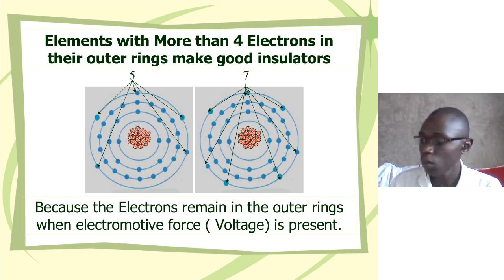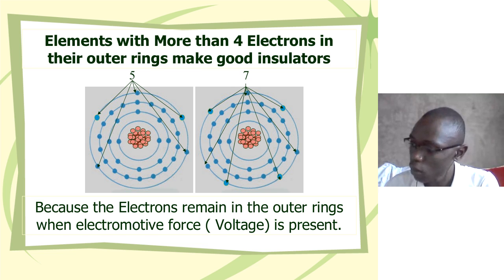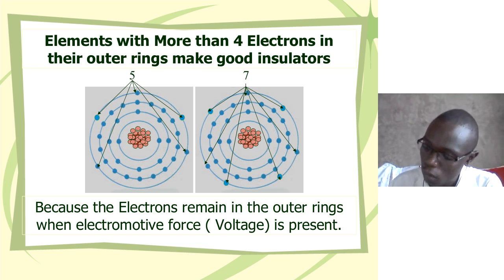Yeah, so that's elements. We all know the magic number 8 as far as the periodic table is concerned. So elements with more than 4 electrons in the outermost energy level or ring will make good insulators, because the electrons remain intact.